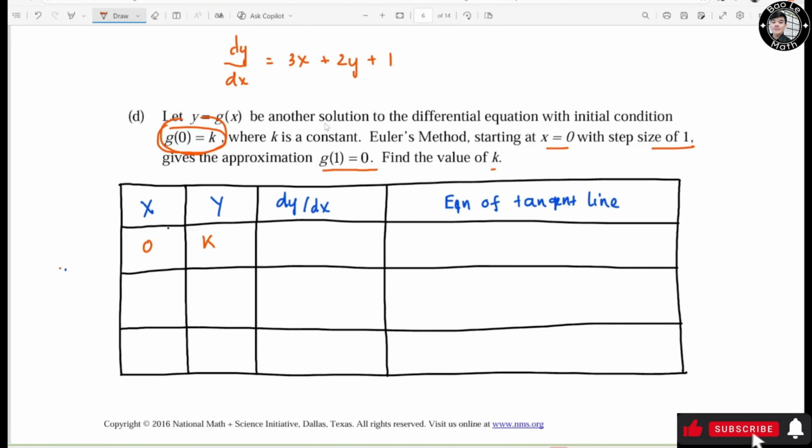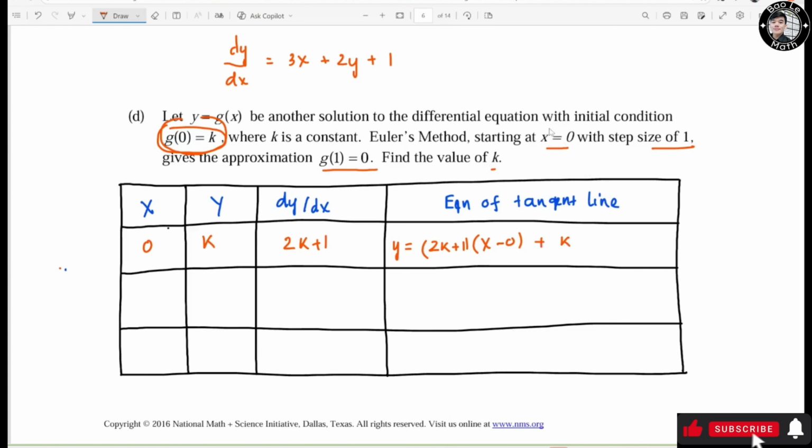Now for dy over dx, we're going to use this formula, so it's going to be 2k plus 1. The equation of the tangent line is y equals (2k plus 1) times (x minus 0) plus k.